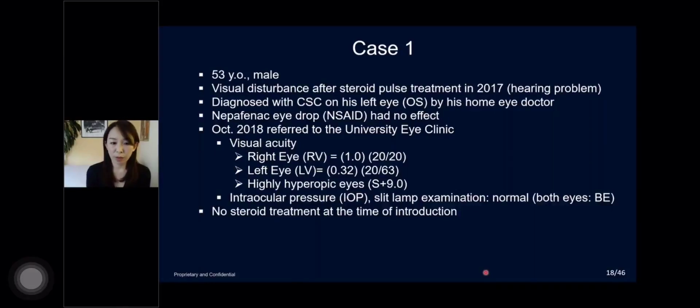First, he got eye drops, but they had no effect. In 2018, he came to University Eye Clinic, and the visual acuity for the first time was 20/20 in his right eye and 20/63 in his left eye. He had highly hyperopic eyes. Do you remember that hyperopic eyes have a very short axis length? This is also one of the risk factors. Otherwise, intraocular pressure and slit lamp examination were both normal.